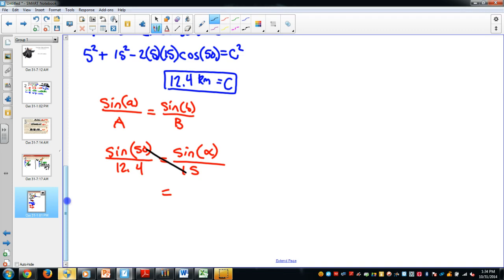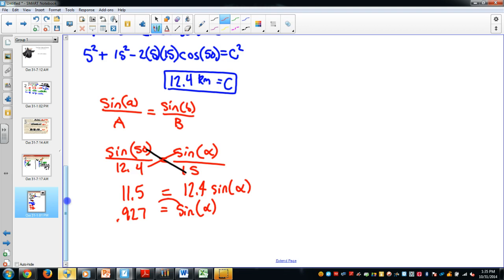So 15 sine 50 equals 11.5. And that equals 12.4 times the sine of alpha. I'll divide both sides by 12.4. So 11.5 divided by 12.4 is 0.927.